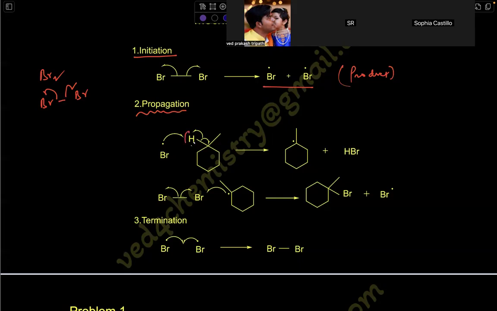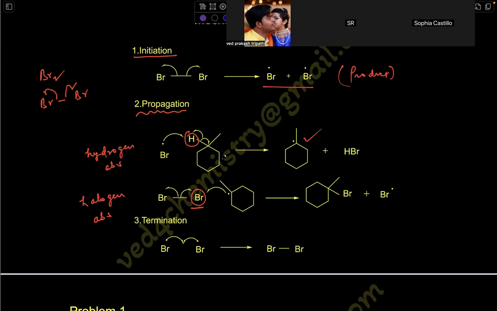This is called hydrogen abstraction, and this is called halogen abstraction. First Br is going to grab a hydrogen from hydrocarbon. So we have the most stable radical, and then this radical is going to grab a halogen. This one is called halogen abstraction, and the top one is called hydrogen abstraction.